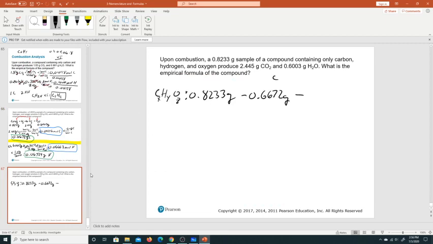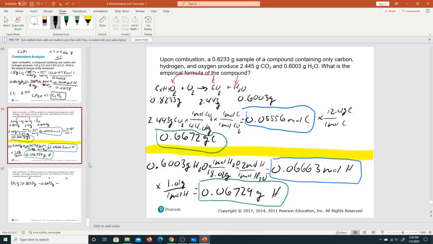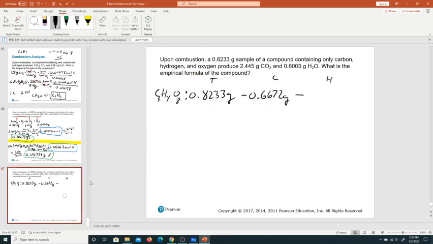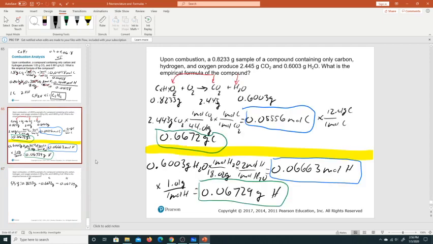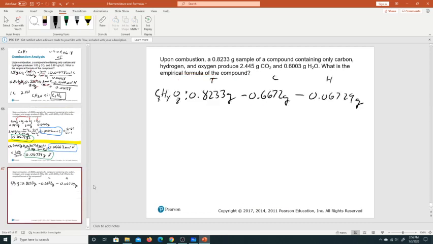That was the carbon, this was the total. Now we're going to subtract off hydrogen. Hydrogen was 0.06729 grams. That's right. What's left over is going to give us the mass of the oxygen.